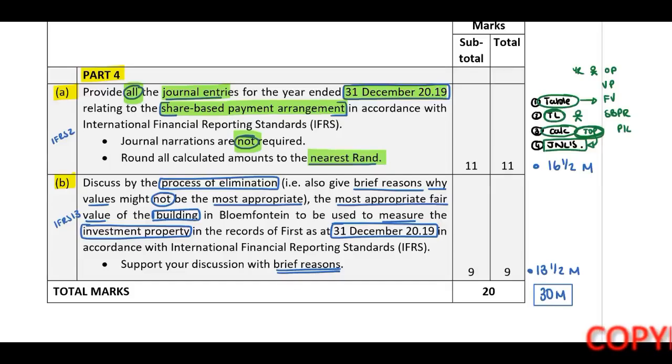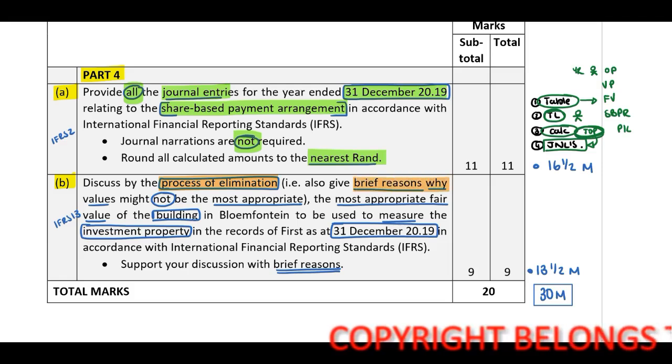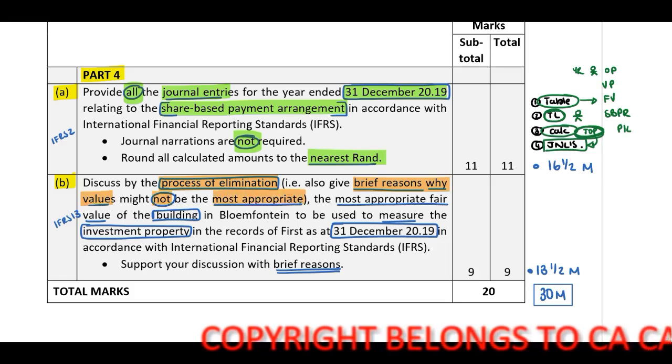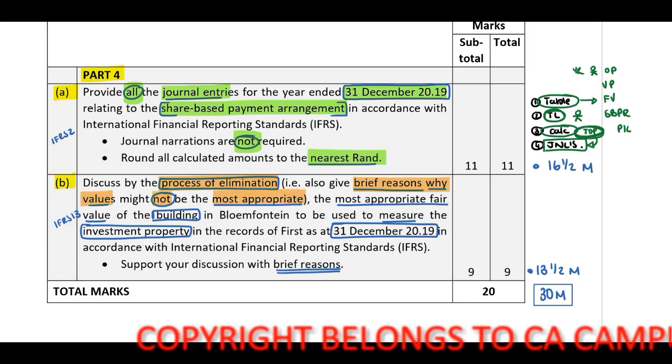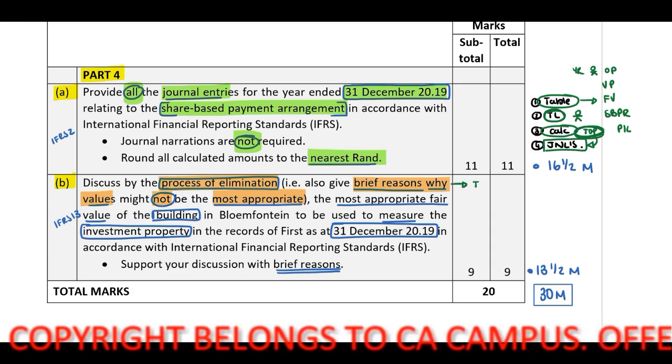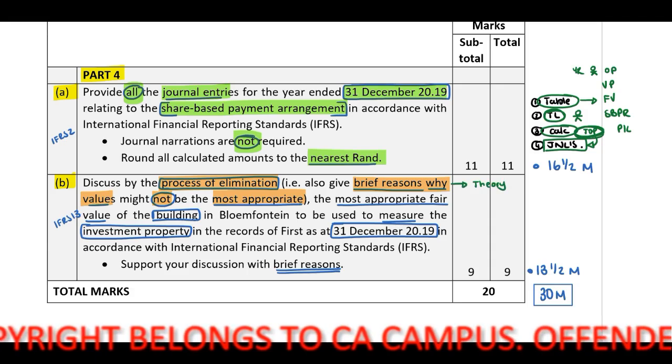4B. Let's read the requirements again. Discuss the process of elimination. Also give brief reasons why values might not be most appropriate. Therefore, if you need to provide reasons, remember, this will be supporting your discussion with your theory. Right.